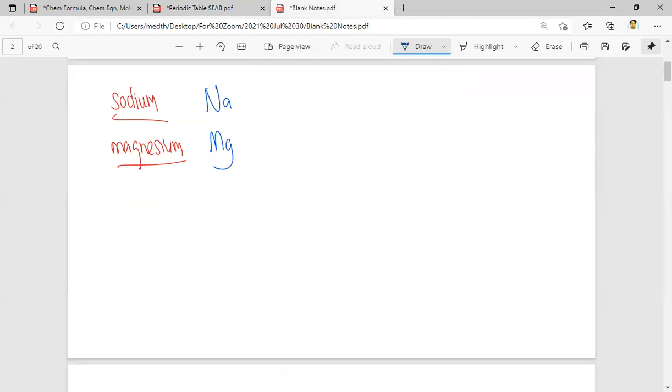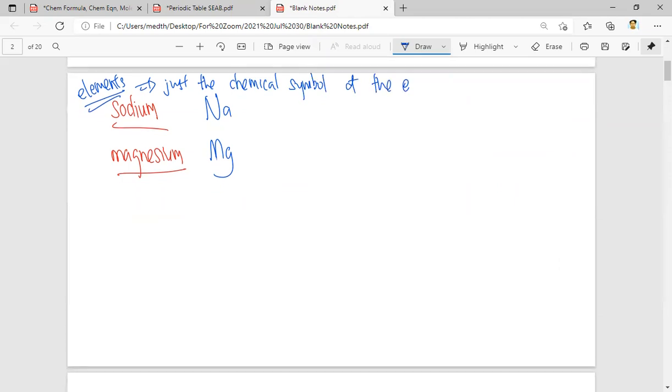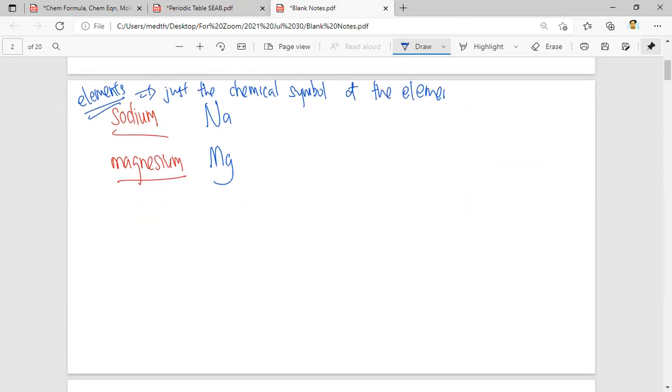So for elements, the chemical formula is actually just the chemical symbol of the element. Just take note of this. To find the chemical formula for the elements is actually just the chemical symbols.